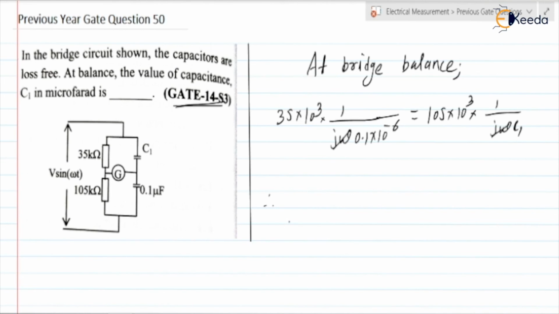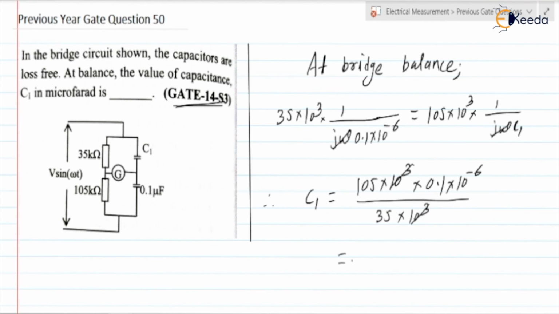So here we can write C1 is equal to 105 into 10 to the power 3 into 0.1 into 10 to the power minus 6, divided by 35 into 10 to the power 3. This term I have shifted here, this term will be divided, and this C1 will come here. 10 to the power 3 and 10 to the power 3 will get cancelled out.